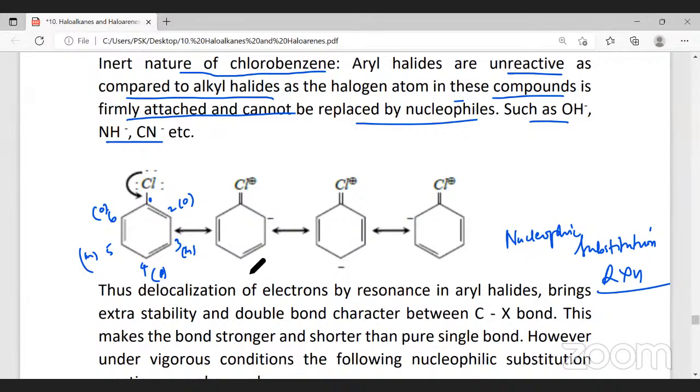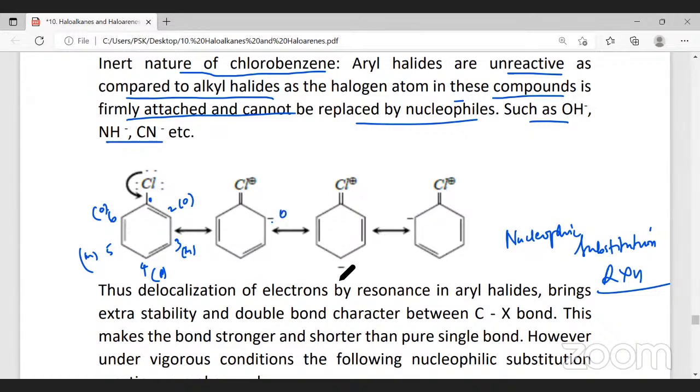Now, if you observe the resonance structure, at the ortho position you can see a negative sign, it is electron rich, and also at the para position.